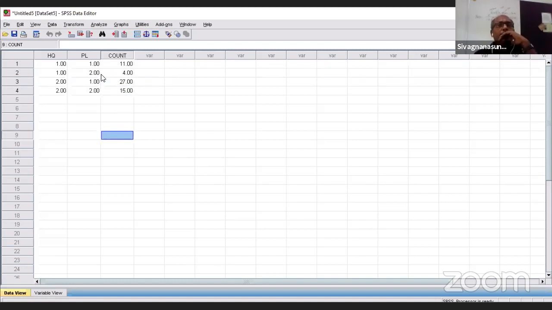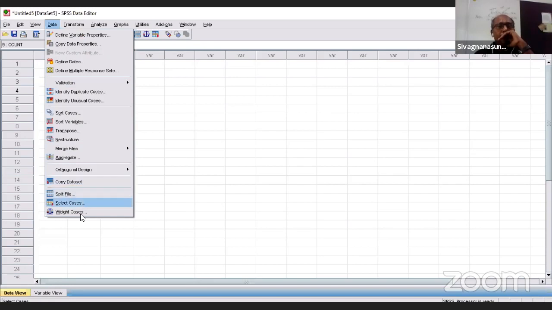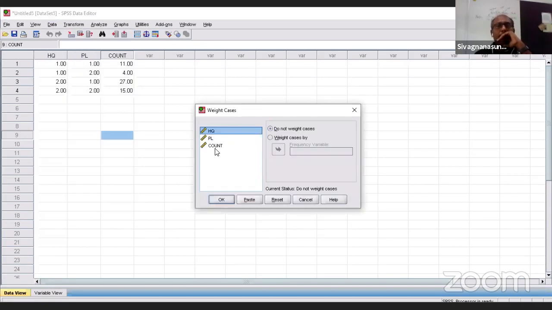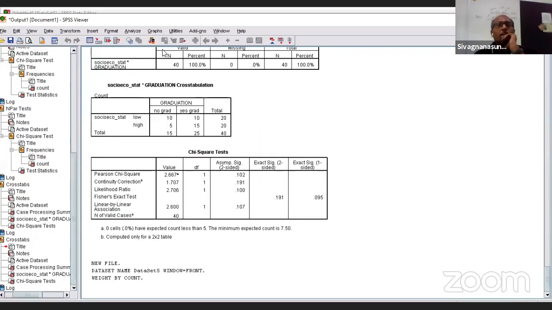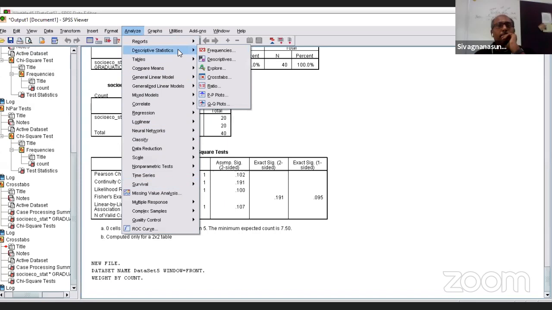Great. That's it. Data, Weight Cases. Because otherwise, SPSS won't know I have changed the format of the data. Okay. Now I have to analyze using crosstabs.